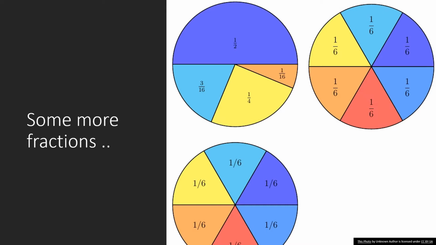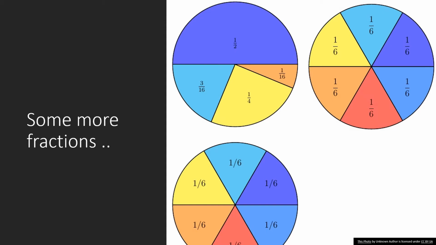First circle there, we have a half, a quarter, 1/16, 3/16. The second circle is divided into 6 equal parts, so each one is a sixth, written as 1 over 6.